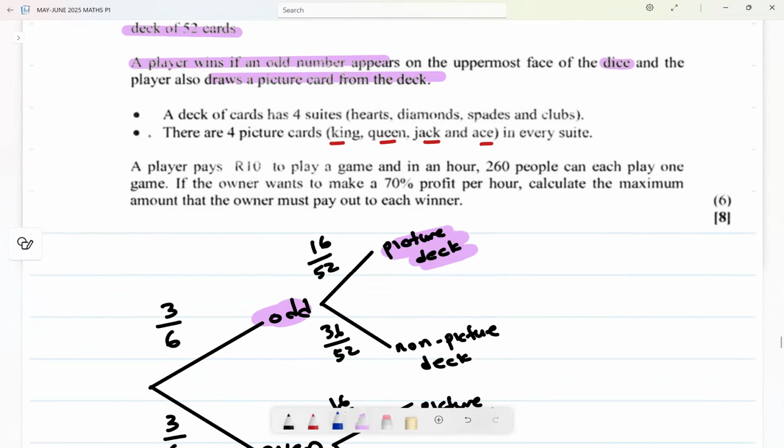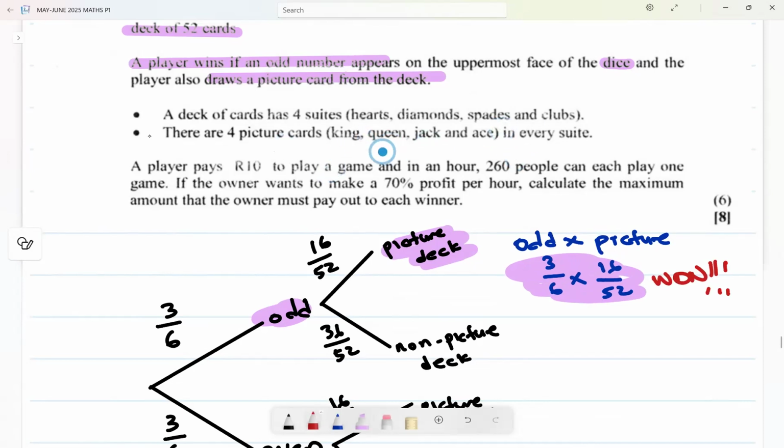You win when you have the probability of these two: odd multiplied by picture deck. This is the probability of you winning, which is 3 divided by 6 multiplied by 16 divided by 52. This is the chance of winning. If you have done this, you have won.